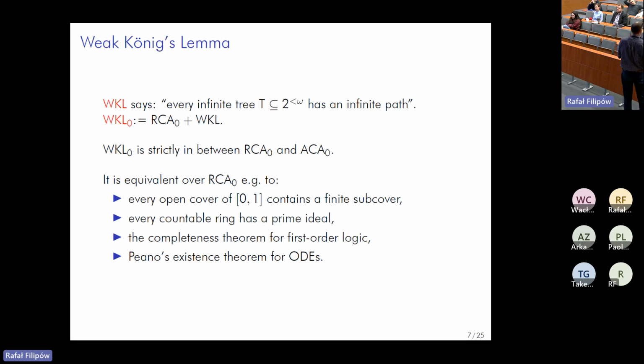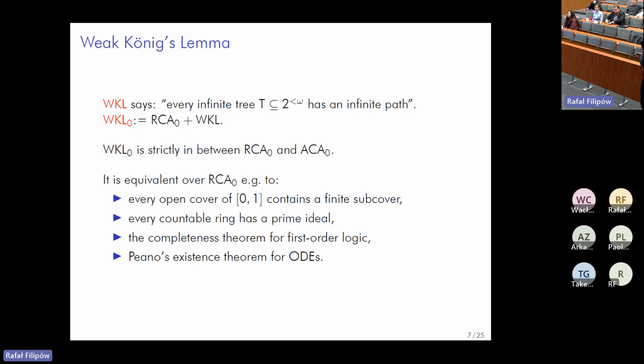So sorry, for countable first order languages, and to more mathematically advanced stuff. You know, Brouwer's fixed point theorem, Peano's existence theorem for ordinary differential equations. It's the thing that you need to prove lots and lots of theorems in basic mathematics that are not quite completely constructive, that have some incomputable element in them. So this is a very ubiquitous axiom in basic mathematics once you start looking for it.